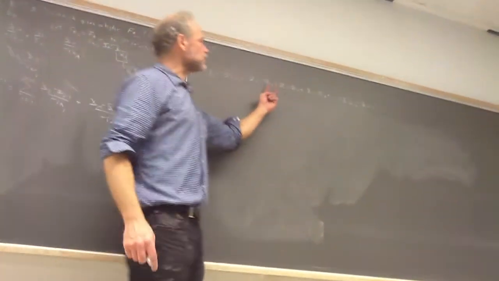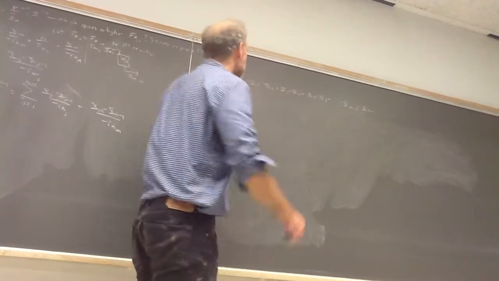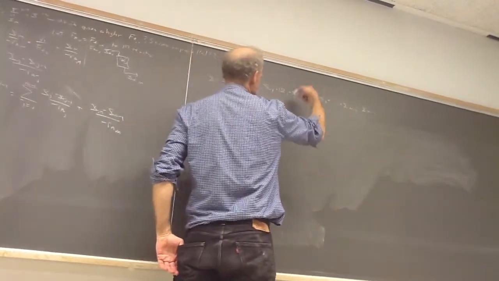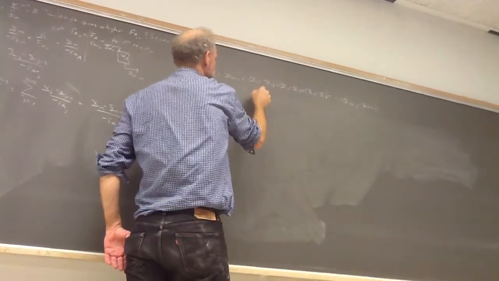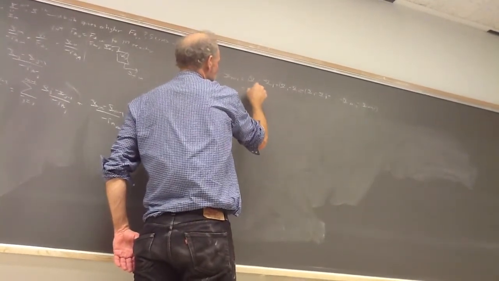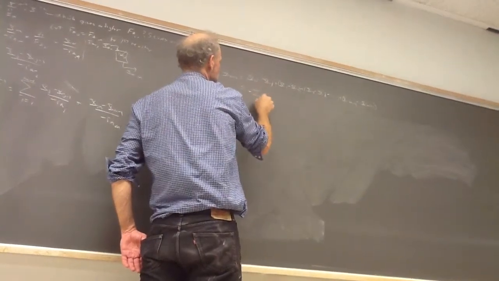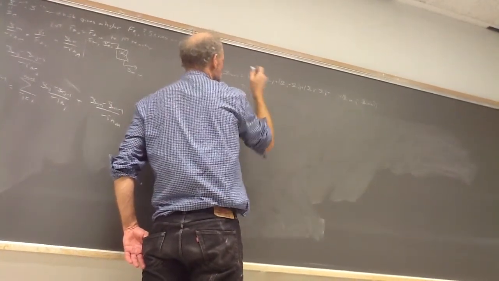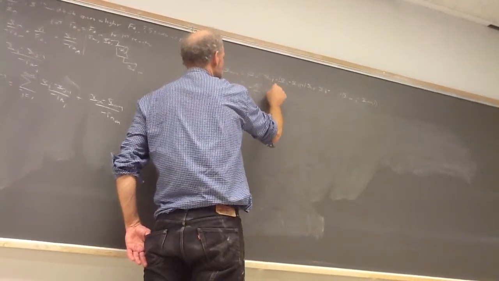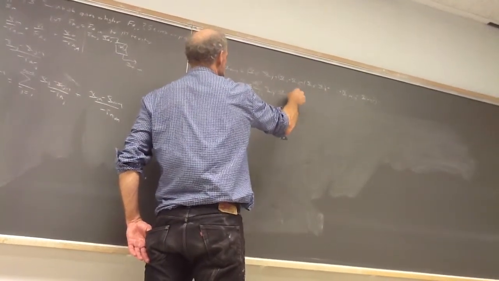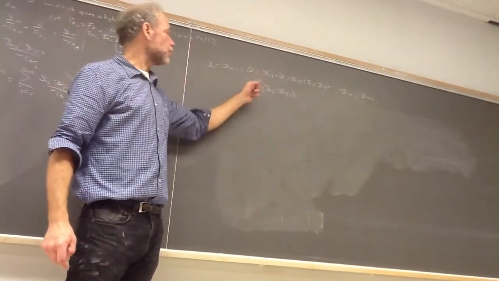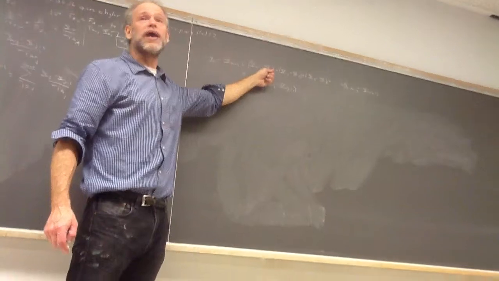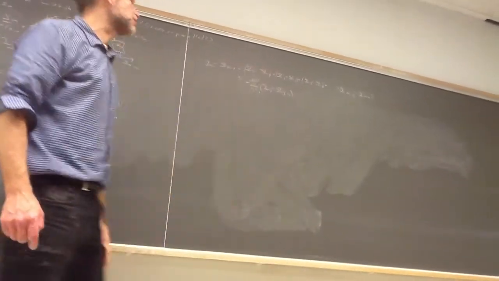Is that clear? All I did was add 0. I added and subtracted x1, I added and subtracted x2, etc. And then I could put parentheses around terms here. And if I do that, I notice that this is equal to minus the sum, j equal 1 to m minus 1, of xj minus xj minus 1. The minus sign I put in so I have the one with the bigger subscript subtracting the one with the smaller subscript.